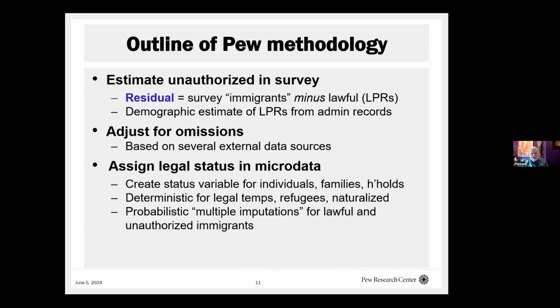You'll see later, for both the lawful and unauthorized. And then we finally make some adjustments, and that gives us a data set that we can use to tabulate and answer questions about where do they live, where do they come from, what are their households like, how many are enrolled in school, how many children are there of these unauthorized immigrants, and a whole host of things which are in the articles we've published.